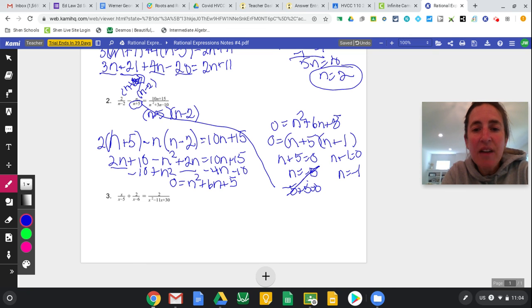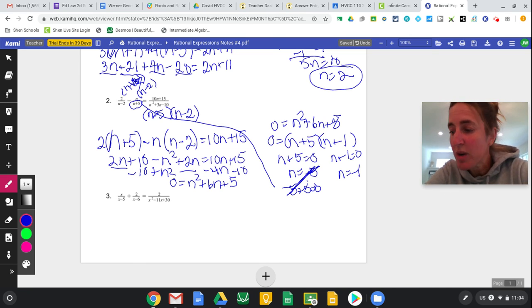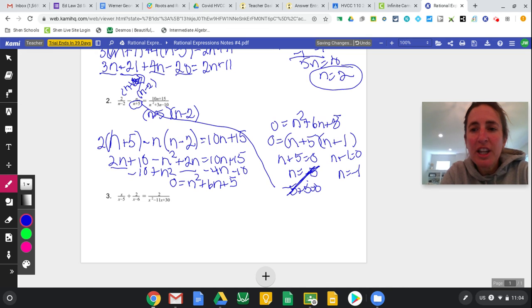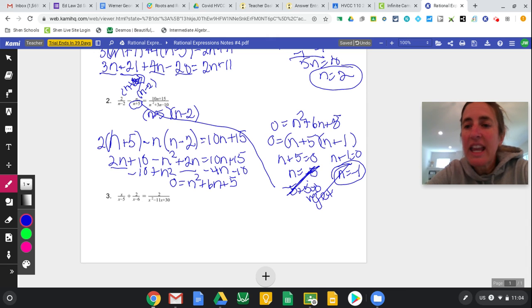I can't have a 0 on a denominator, so I need to cross that out and get rid of it. It's going to be rejected, or it's naughty. So the only answer I want to keep is really this -1, because -1 will not make those denominators become a 0, people.